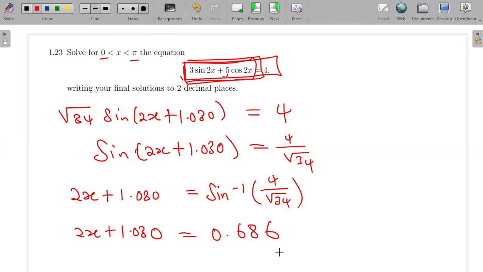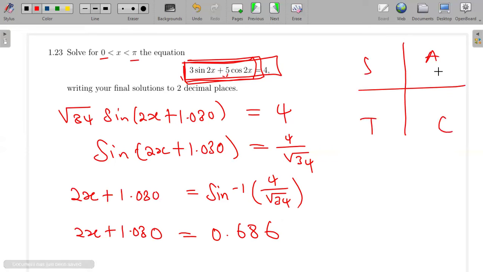But now we are getting two answers. This one will lead to one answer, so we need to find another number that will lead to another answer. So remember our quadrants. All Students Take Coke. Here all three trigonometric ratios are positive, here only the sine, here only the tan, here only the cos. If you find an angle in the first quadrant, you just get it the way it is. Then here, to find the angle, we're going to be doing 180 minus theta.